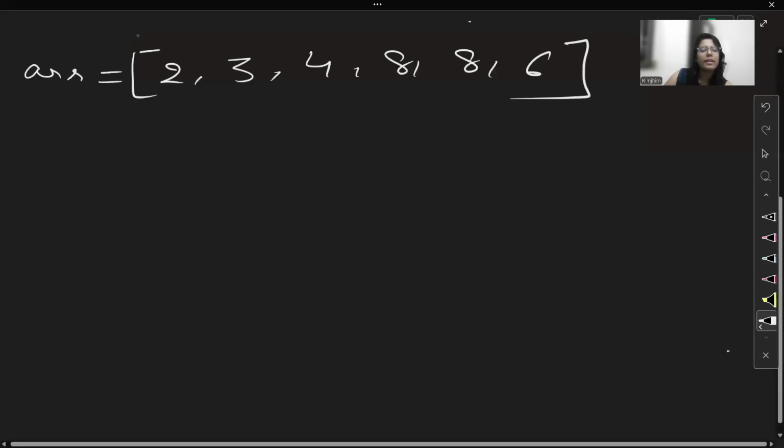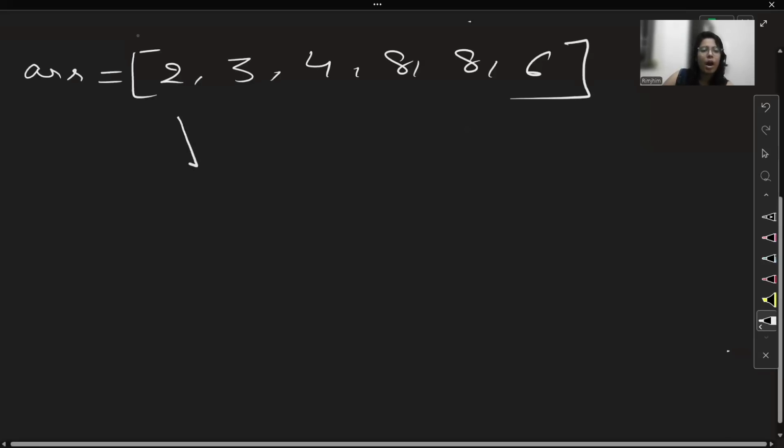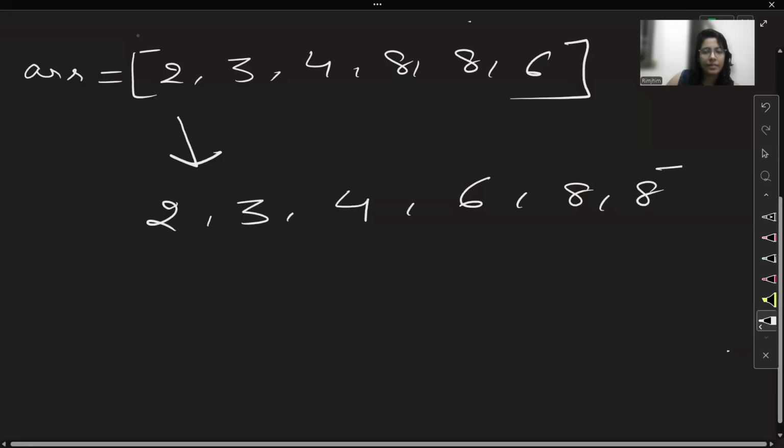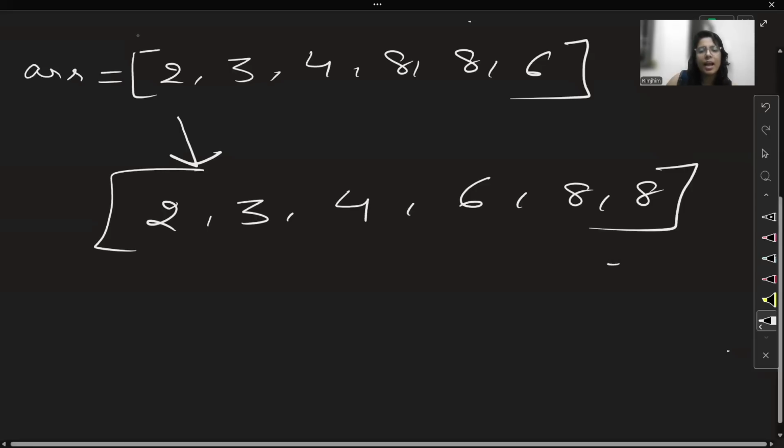Now we can start thinking, if we sort the elements of this array, after sorting the elements will be 2, 3, 4, 6, 8, 8. Since this array is sorted, the last element of this array will be the largest element. So we can say that 8 is the largest element of this array.